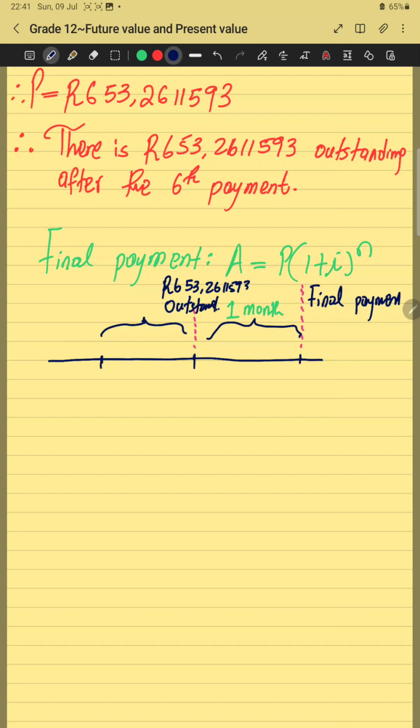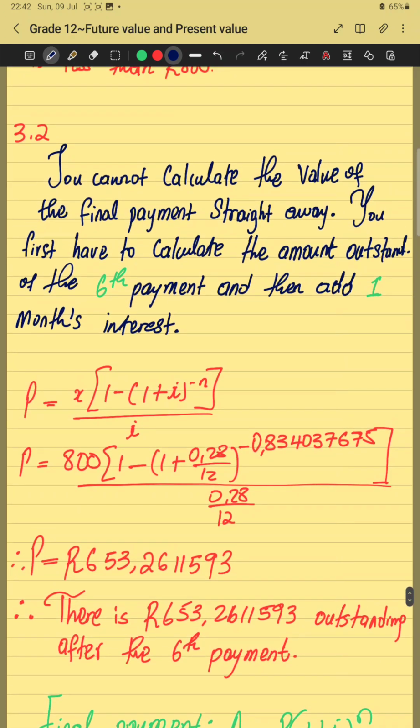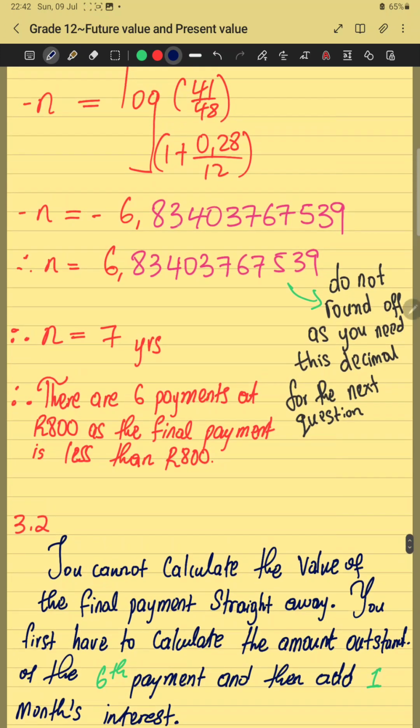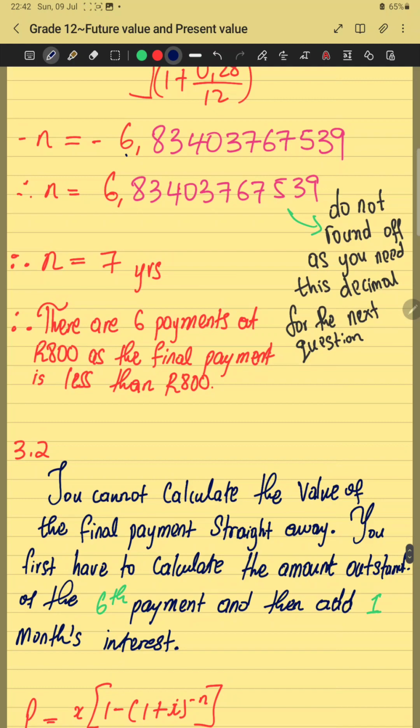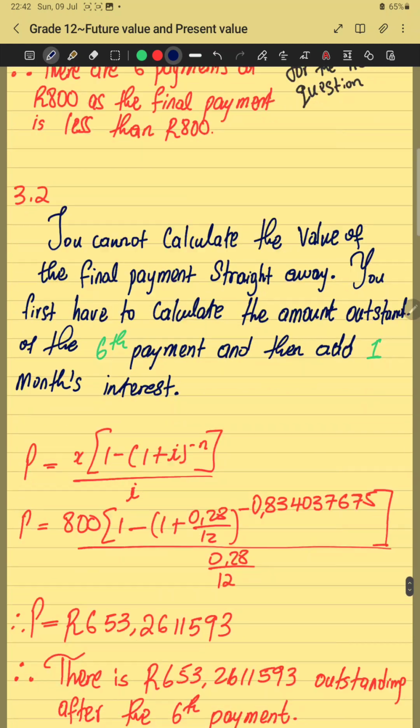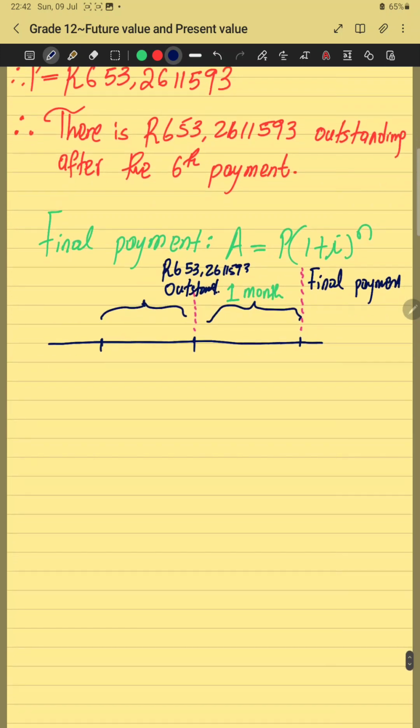All right, and then remember here we said we've got 6,83. So that means there were payments before that 6. And of course if we round off that 6, that means the outstanding balance is going to be the 60th payment here.